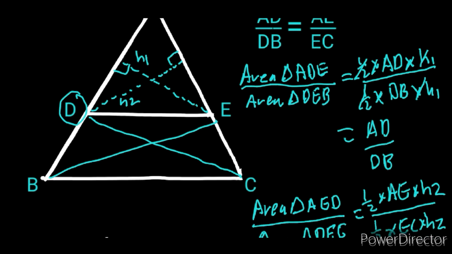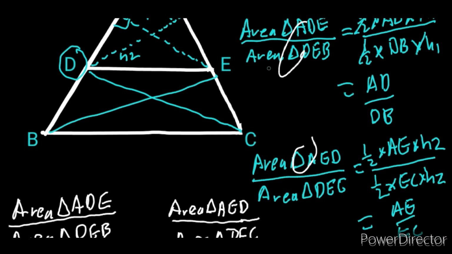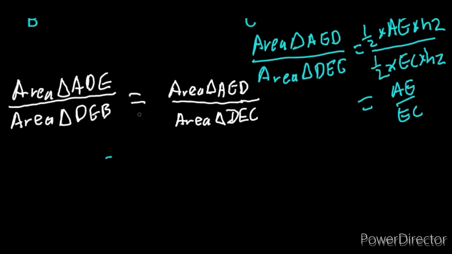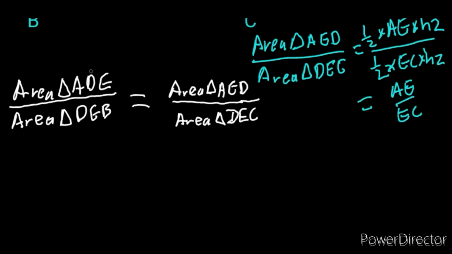Alright, so I've rewritten these two portions over here. So we have to prove that they are equal to each other. So first of all, we have to state that they are both equal. Now we have to give reasons why they're equal. So first of all, you will state that this area is equals to this area, right? So we're going to prove that this area is equals to this area and this area is equals to this.